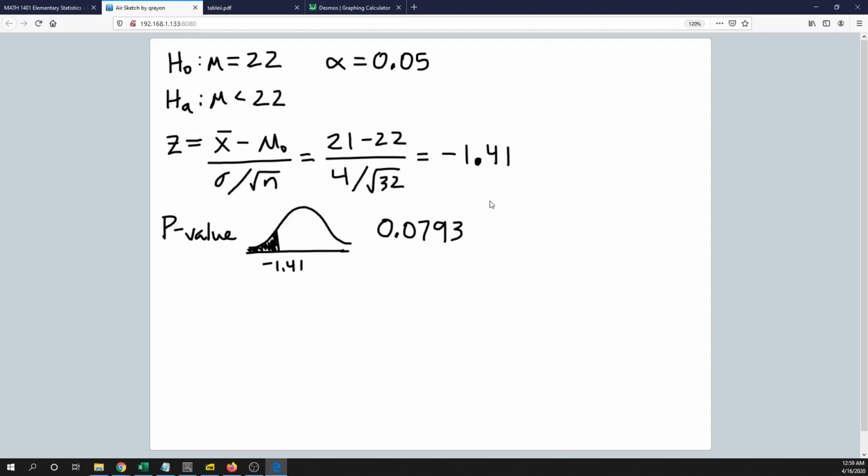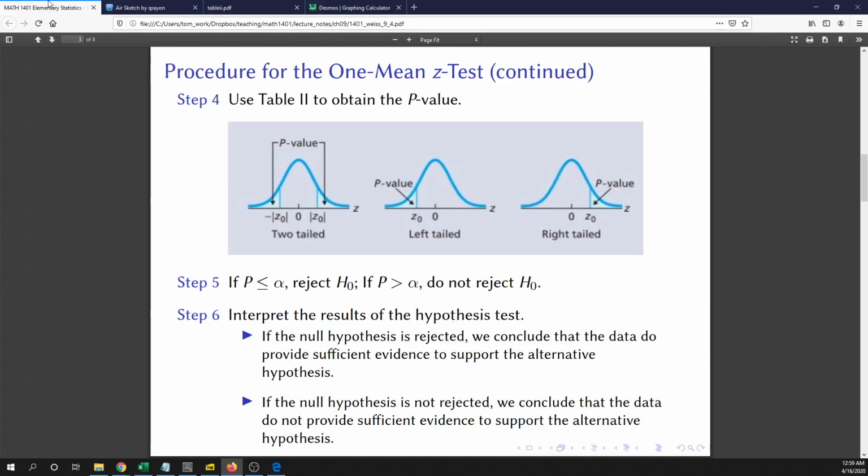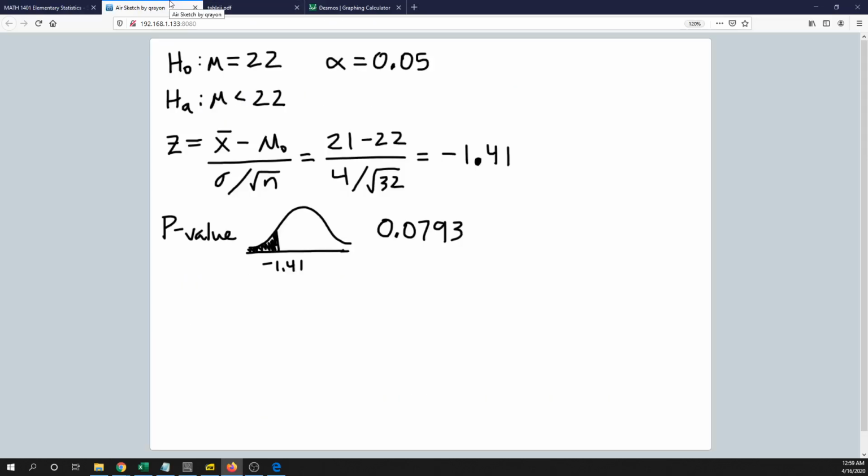Next step is to compare your p-value to the significance level. Looking at ours, the p-value is 0.0793. Alpha is 0.05.